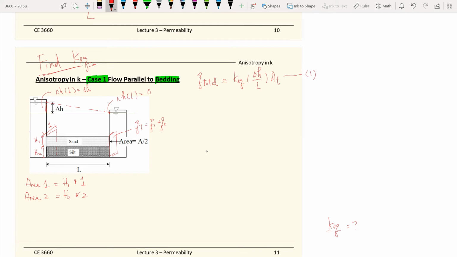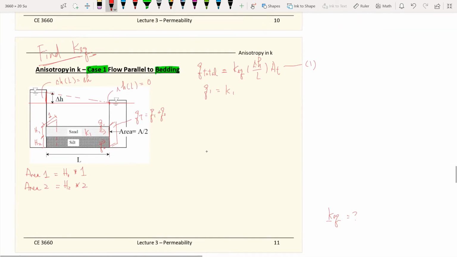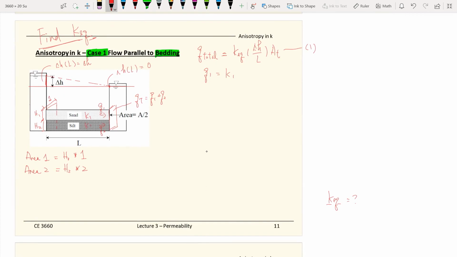And if we break it down into different types of soils, we have Q1 going this way and Q2 going the other way, with K1 representing the sand layer and K2 representing the silt layer. So Q1 will be equal to K1 times the delta H divided by L times A1.